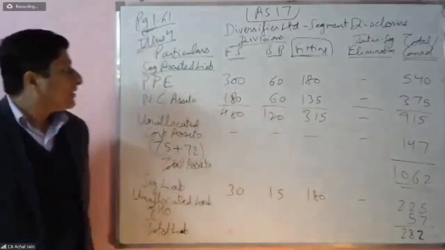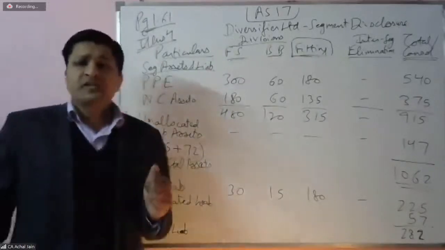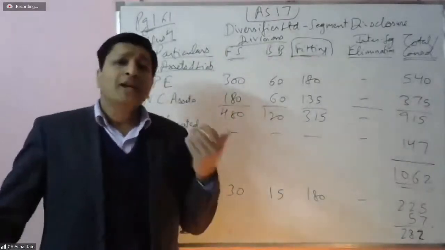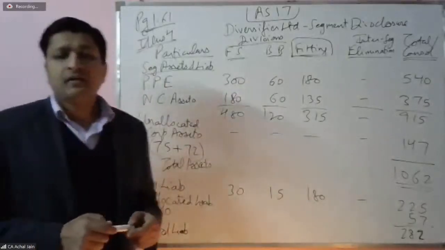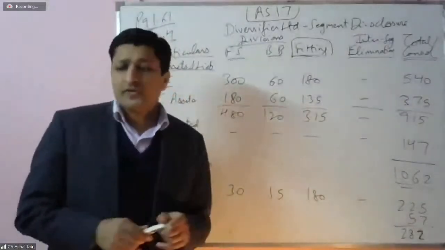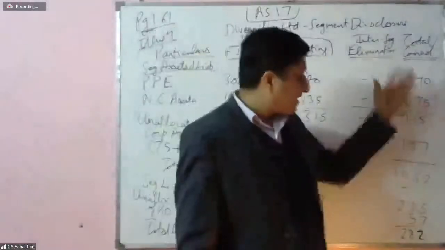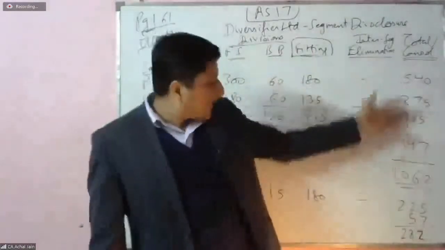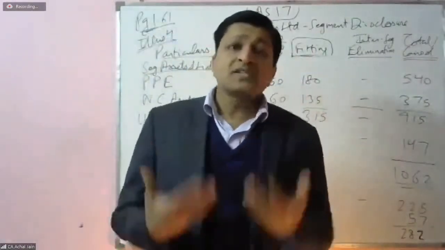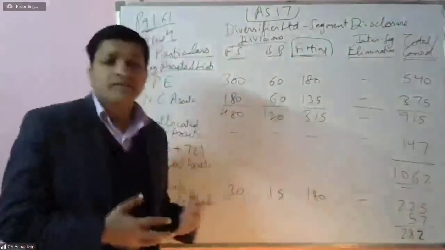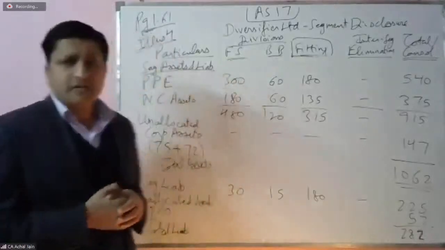Now, once again, if you were the user of the financial statements, you would now understand how relevant, how important is this disclosure. Because if you were looking at only the last column, your understanding about the business, about the size of the company, about the assets of the company will be very, very limited.